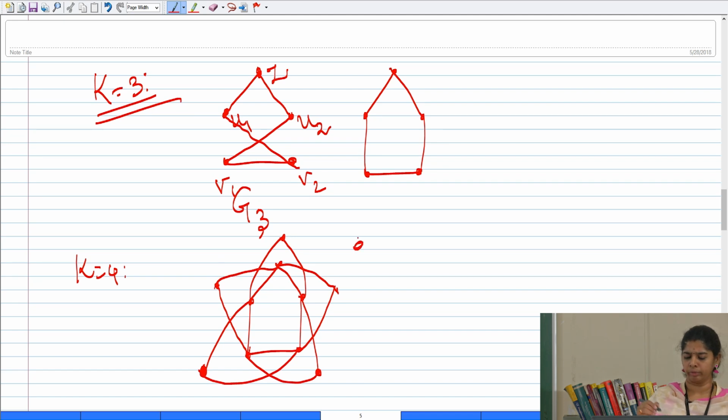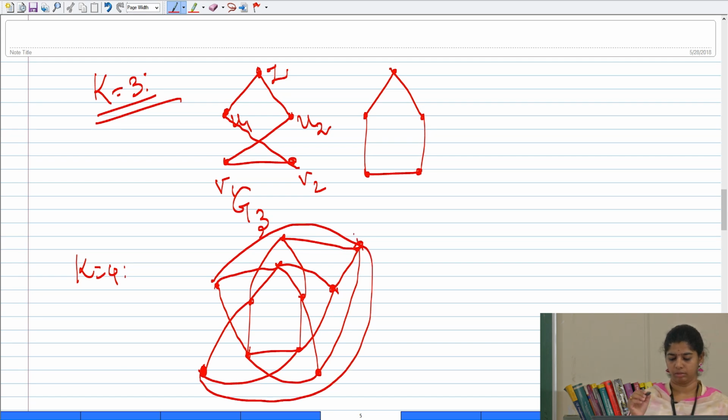And add a super vertex to join edges between all these newly joined vertices. If you see this newly constructed graph, let me also give you the labeling so you can get the feel for it.